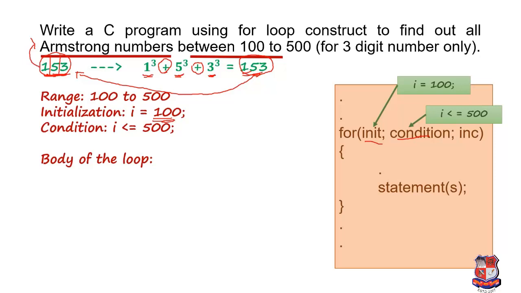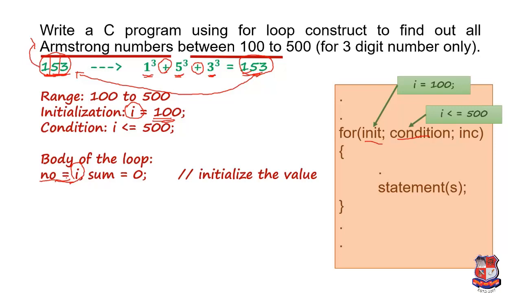For example, the first number is 100, and in the next iteration the number will be 101. So firstly we have to initialize some things. First is number equal to i. Over here we have to keep the value of i safe because we are using i as a control variable. So I am giving the value of i to number.